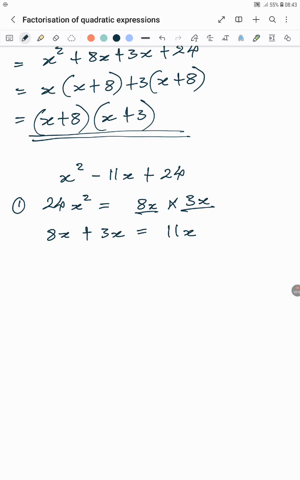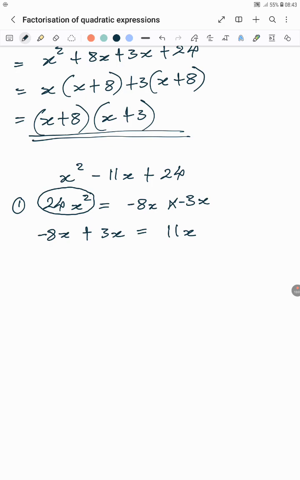But we also know from what we have learned that if we multiply two numbers that are negative, they can give you a positive answer. Like in this case, you will still get 24x squared, a positive answer.